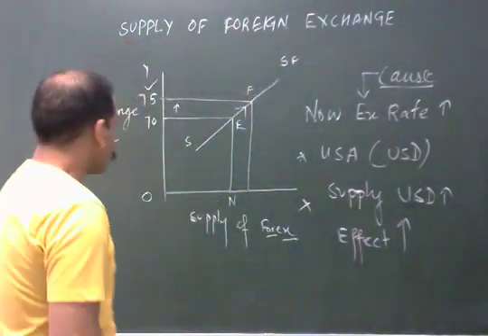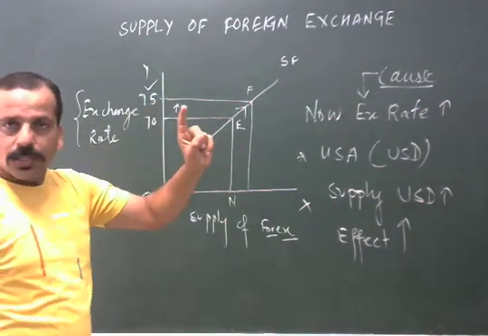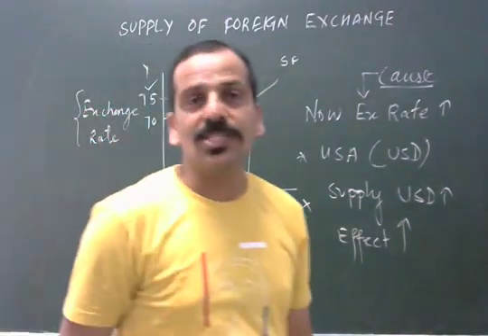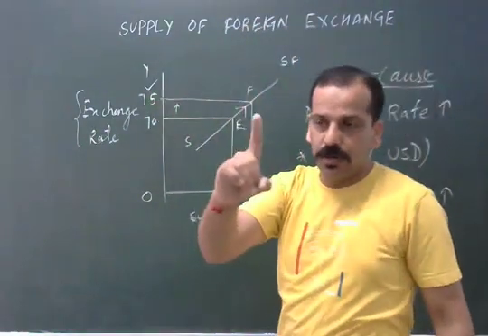Let's say earlier it was 70 rupees, now 75. So their real income will increase now. They will get 5 rupees more per dollar.